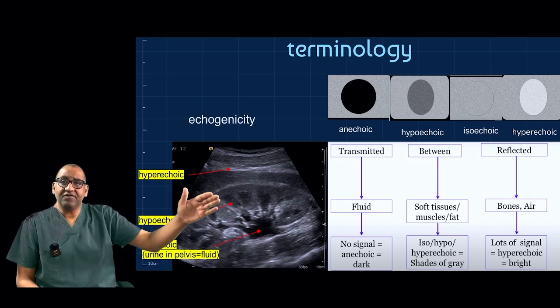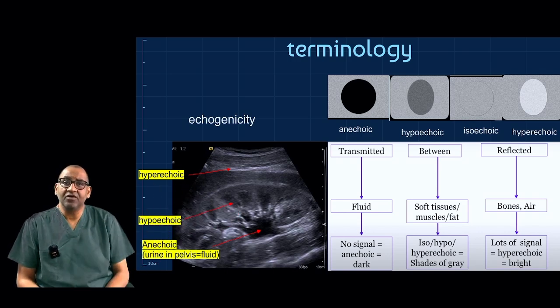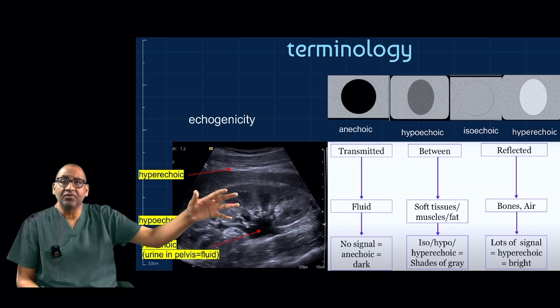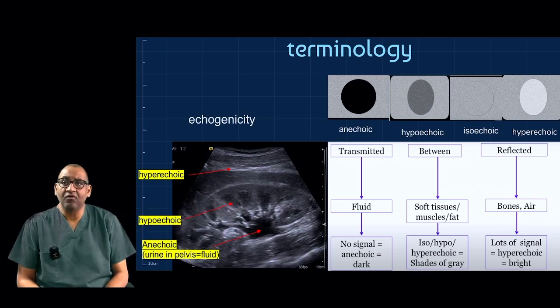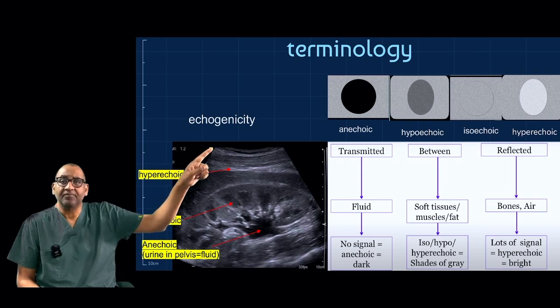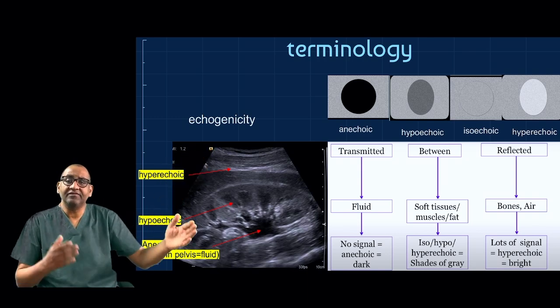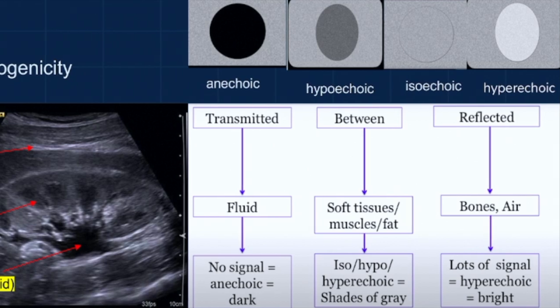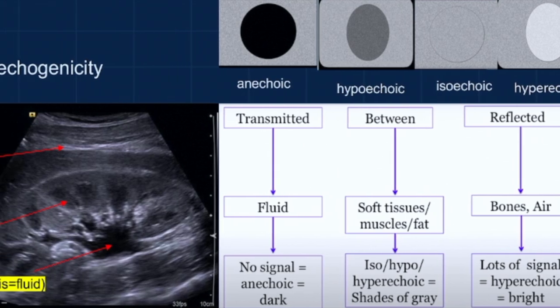On the contrary, if the reflection comes all the way back, when for example the wave hits something like bone, it tends to reflect the whole wave back. It will give us the hyperechoic. And in between, you have the isoechoic and the hypoechoic. It depends on the type of the medium.